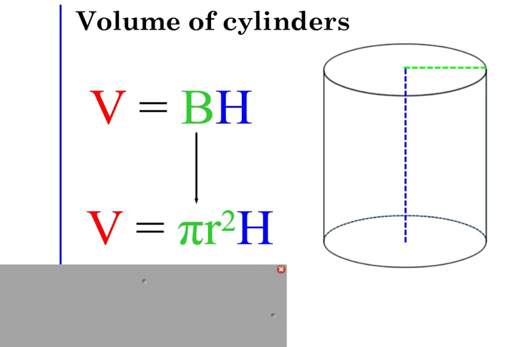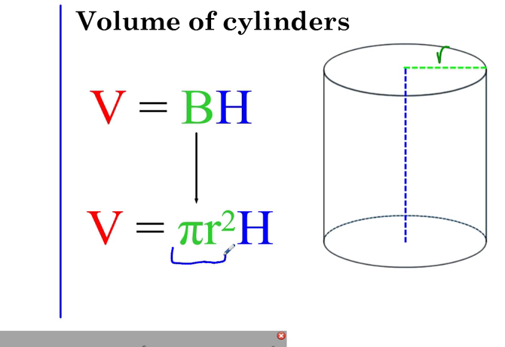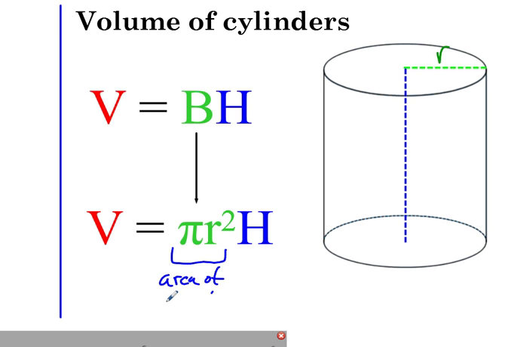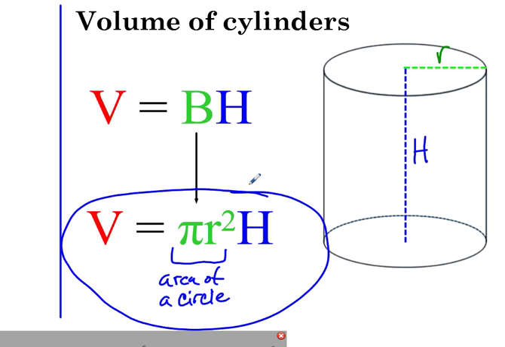So we would take our radius and use it in pi r squared, which is the area of a circle, and then multiply that area of the circular base times the height. So this is the formula that we're going to want to remember and use in our problems for cylinders.